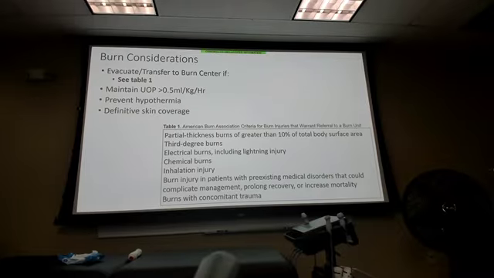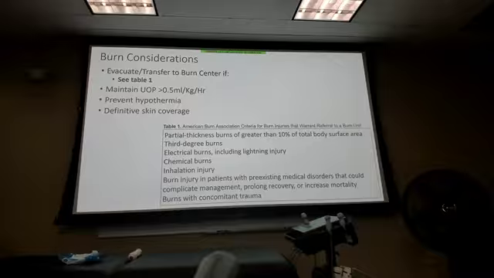Now, burn center considerations: when to transfer or have the patient evaluated by a burn center. If you have a partial thickness burn greater than 10% of TBSA, any third degree burns, or electrical burns, including lightning. The ABA explicitly said lightning, I'm not sure why, but if someone is struck by lightning, send them to a burn center. Also any chemical burns, inhalation injury, or burn injury in patients with pre-existing medical disorders that can complicate management, prolong recovery, or increase mortality.